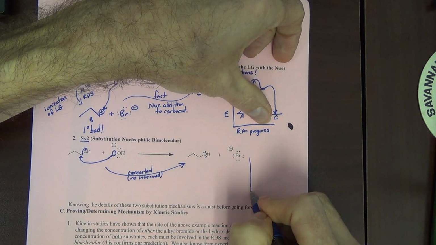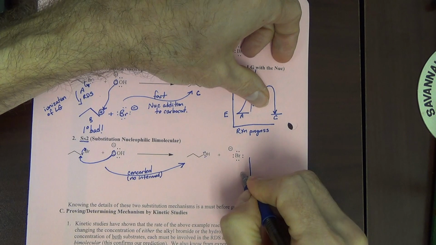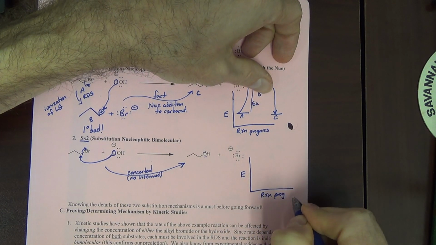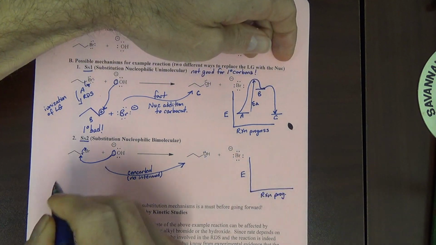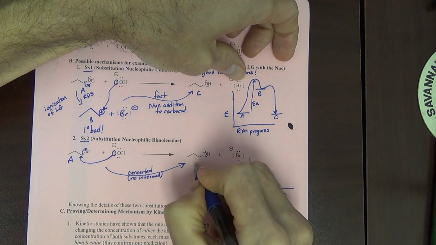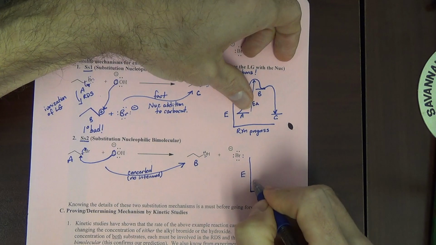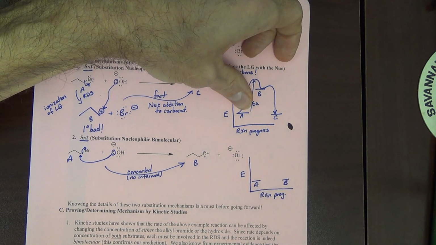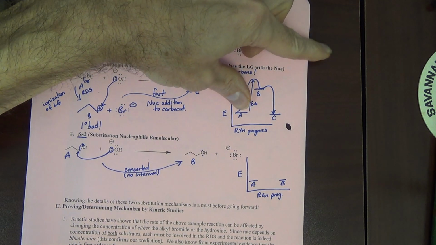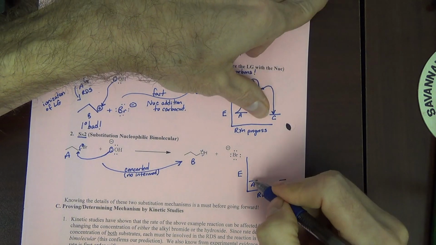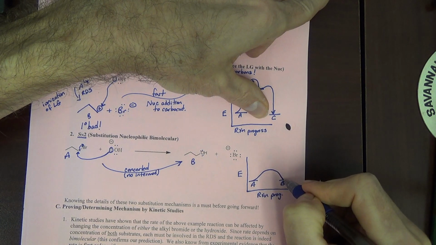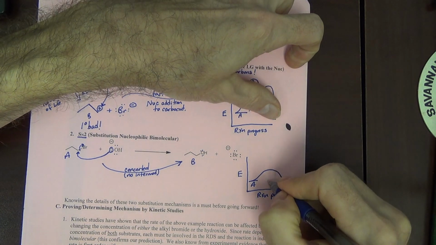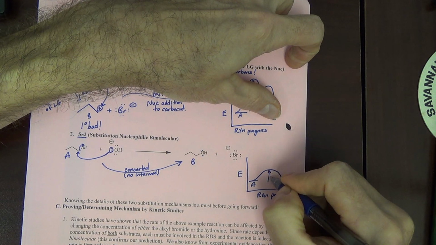Now if we did a reaction coordinate diagram here, we would have A, and this would just be B, A, and B, and we would just have a transition state. And this here would be your activation energy.